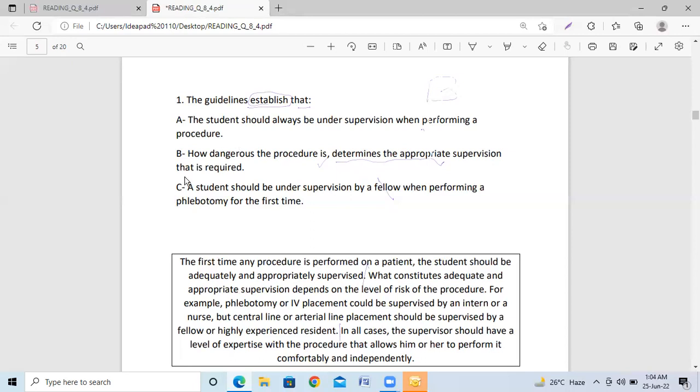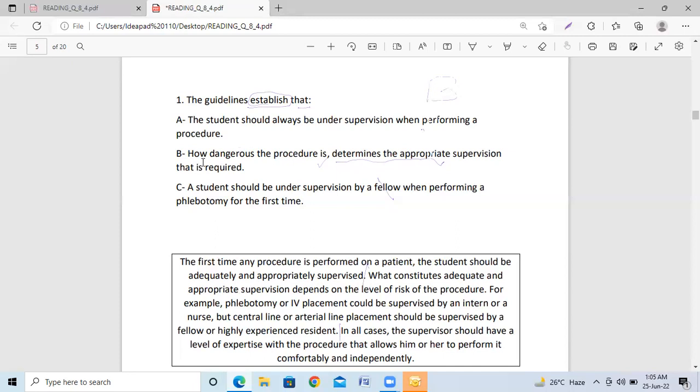Now let's look at the next one. Option B: how dangerous the procedure is determines the appropriate supervision that is required. Yes, it does talk about it. It says what constitutes adequate and appropriate supervision depends on the level of risk of the procedure.